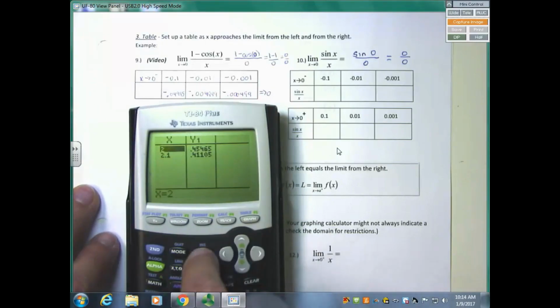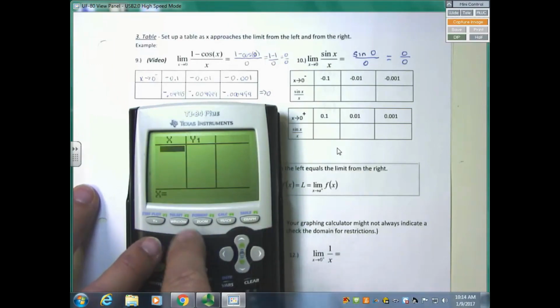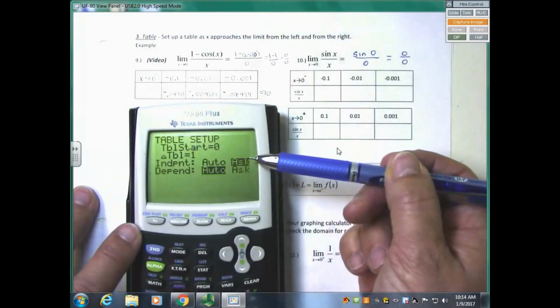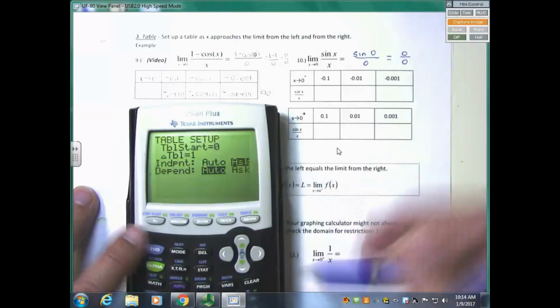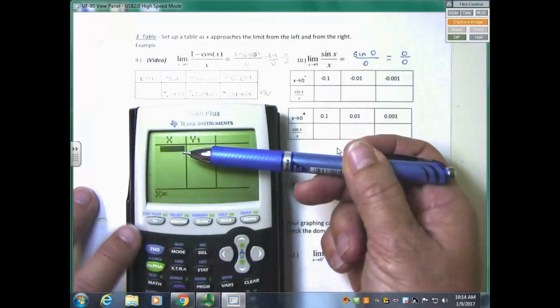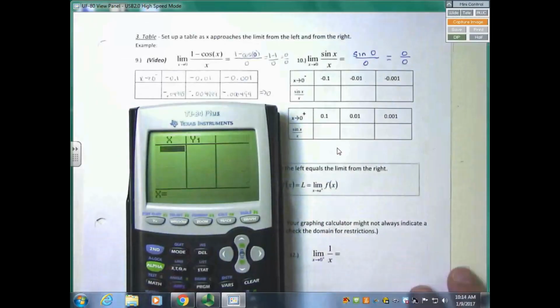I'm going to clear out those guys. And by the way, if you forget how to do that, you want to go to table set and change your independent variable to ask so that you can actually put in the numbers. When you go to the table, if you have any numbers in there, just hit your delete key and delete all those numbers out so that you've got a fresh, clean board.